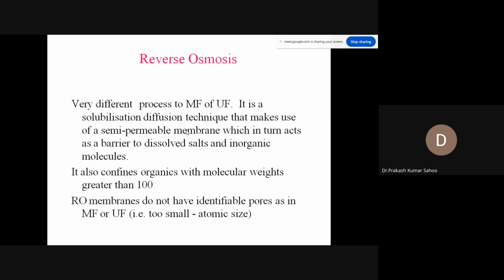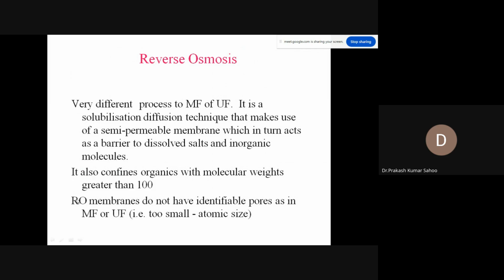Only the solvent particles are allowed to pass through this membrane, and in reverse osmosis, the movement of solvent particles is from higher concentration to lower concentration. In osmosis, it is the reverse, lower concentration to higher concentration. In reverse osmosis, it is higher to lower. So it is a very different process. It is a solution-diffusion technique that makes use of a semi-permeable membrane, which in turn acts as a barrier to dissolved salts and inorganic molecules. It also rejects organics with molecular weight greater than 100.